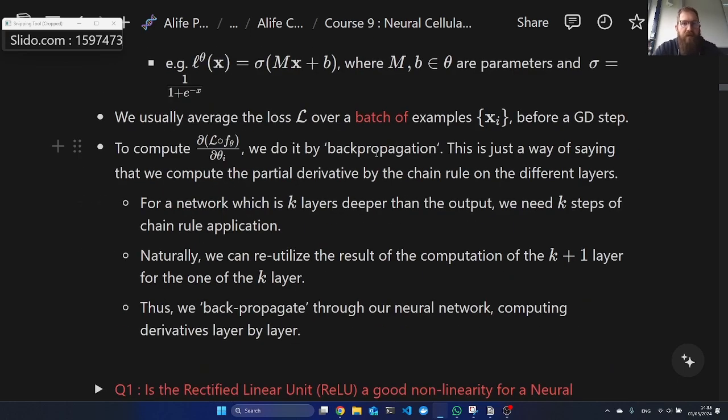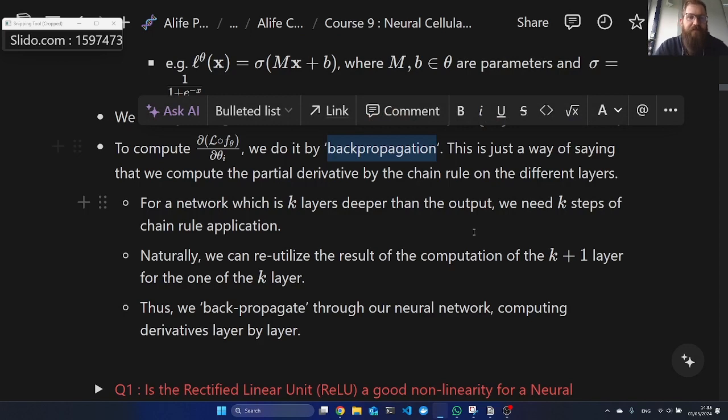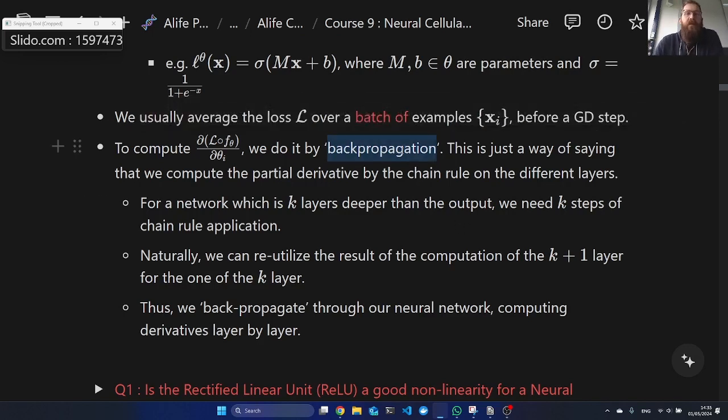Okay, so that's what people in machine learning call backpropagation. Why do they call it backpropagation? Well, it's very simple. So you have your network with the layers arranged one after another. And when you want to compute the gradient with respect to parameters in the first layer, it's just the ordinary derivative, right? You don't need the chain rule. Then if you want to compute the derivative one layer deep, you need to do the chain rule with the first layer, and so on and so forth.